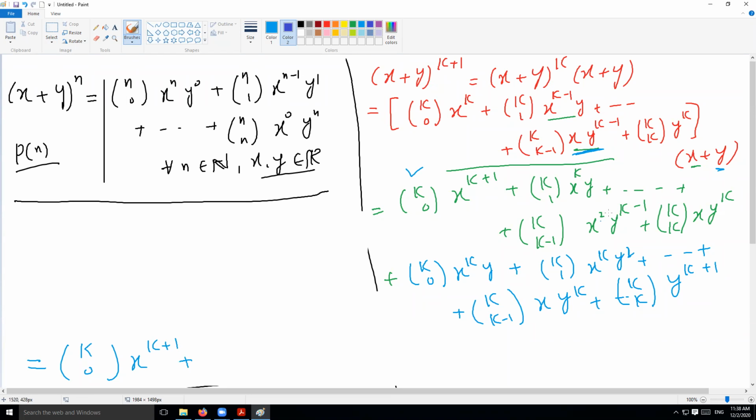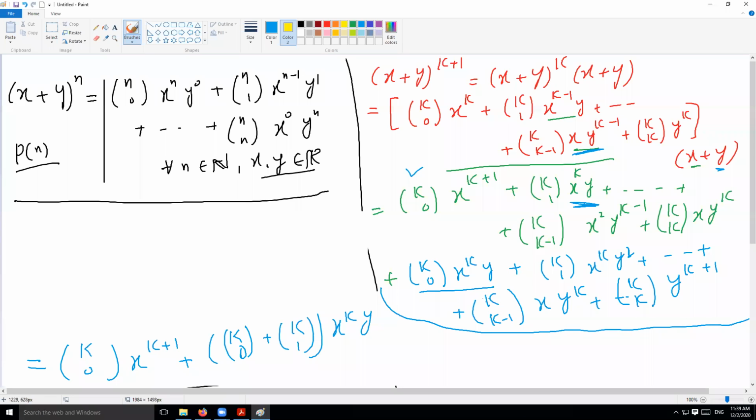Now you see you have x^k y. Is there any other term with this x^k y? The answer is yes, it is here. If I add these two terms, what am I going to get? I'm going to get k choose 0 plus k choose 1 multiplied by x^k y. Keep in view that this is separate stuff.